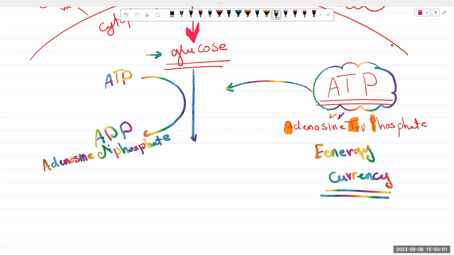ATP will be hydrolyzed into ADP, which is adenosine diphosphate. That glucose will be converted into glucose phosphate. It will gain one phosphate from the ATP.